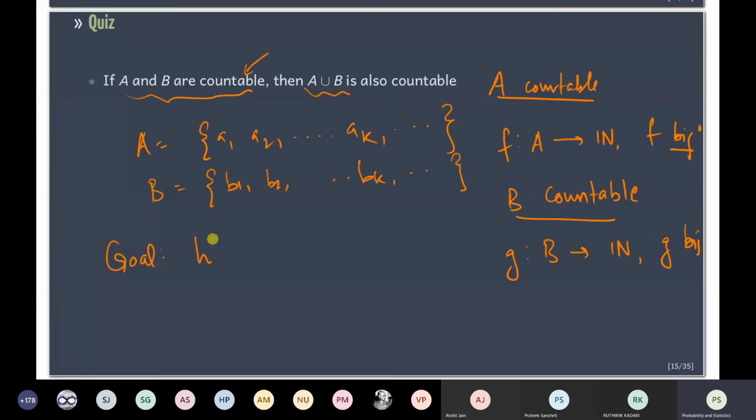So now your goal is to define a function h, let us say, from A union B to the natural numbers, or it could be the other way also. Since it is bijective, it doesn't matter; you can reverse it. As we know now, this is just a matter of tagging.